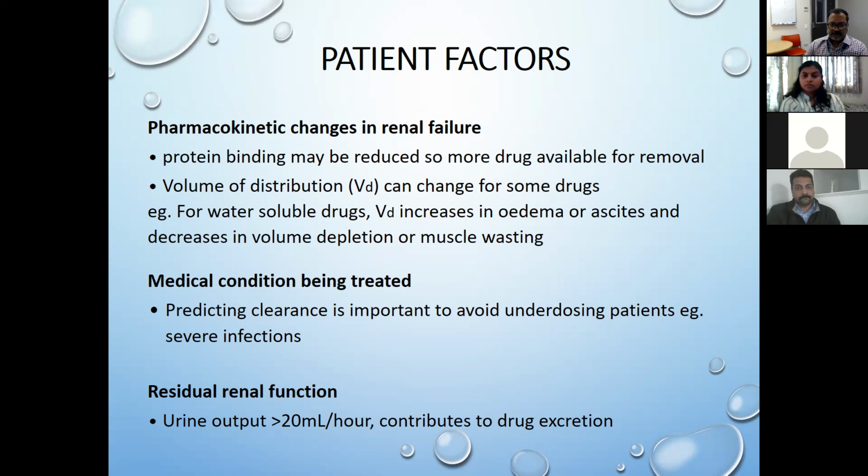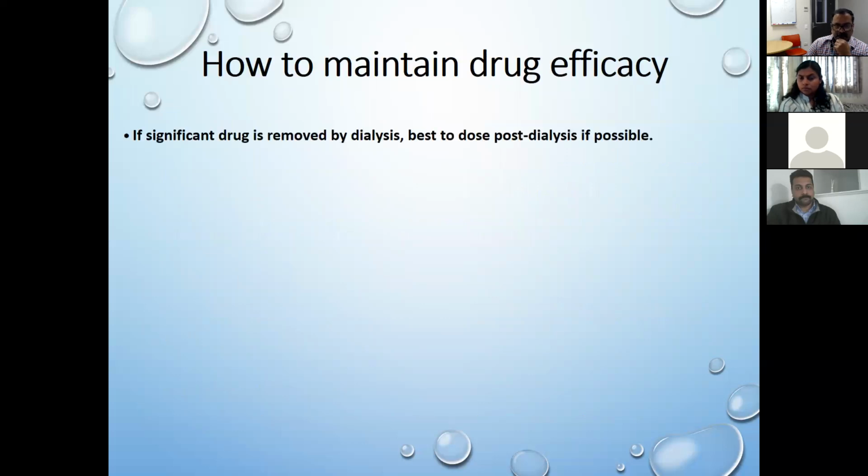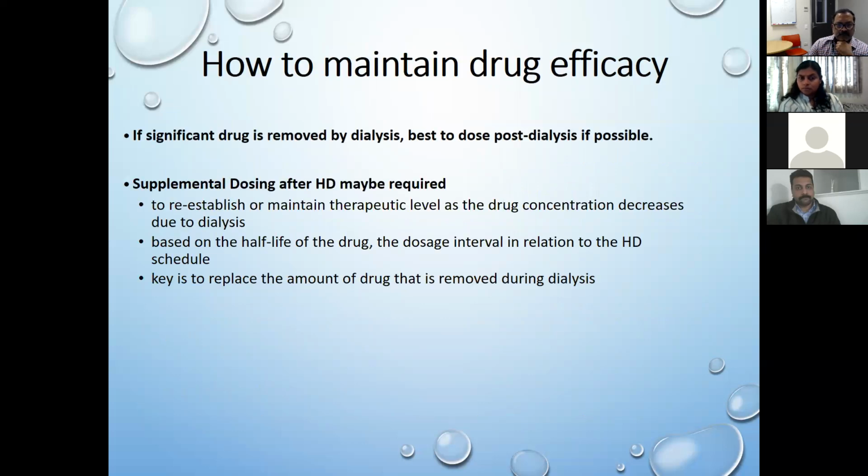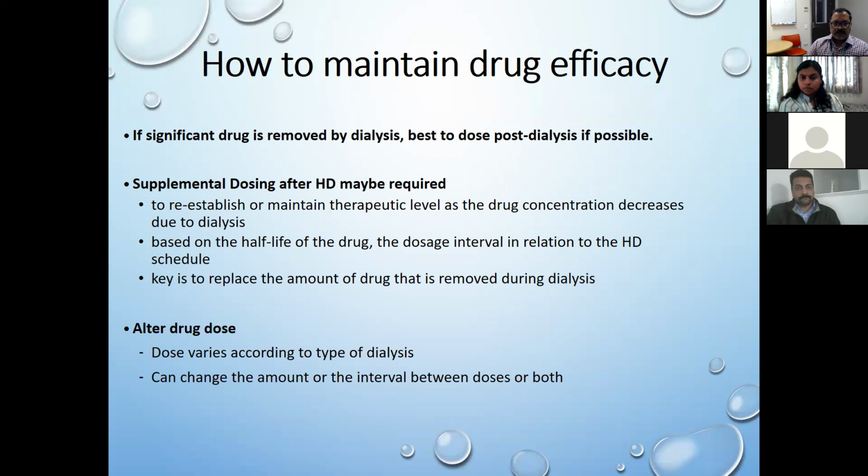Okay. So knowing all this, we need to try and maintain drug efficacy in a number of ways. Next slide. To maintain drug efficacy, if significant drug is removed by dialysis, it's best to dose post-dialysis if possible.